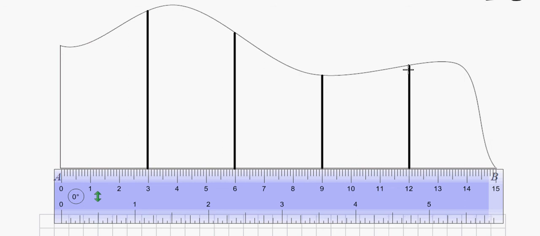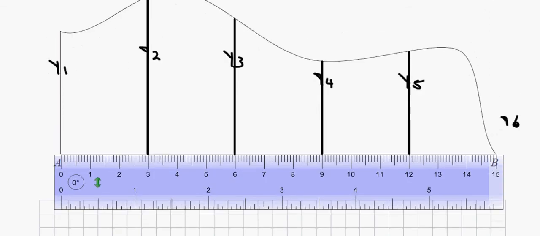Now, the next thing you gotta do is label these. So call it Y1, Y2, Y3, Y4, Y5, and Y6 is basically nothing. Y6 is tiny, so Y6 is 0.